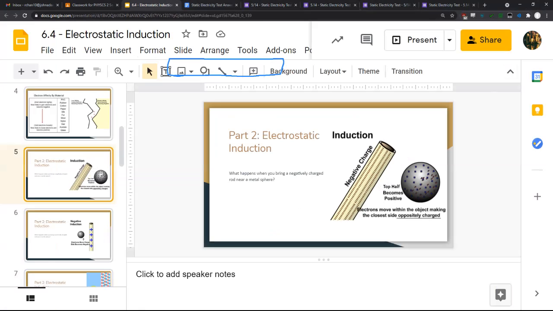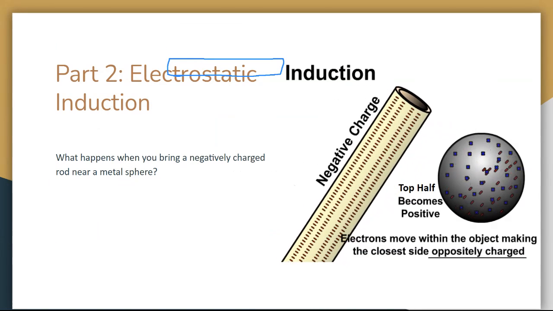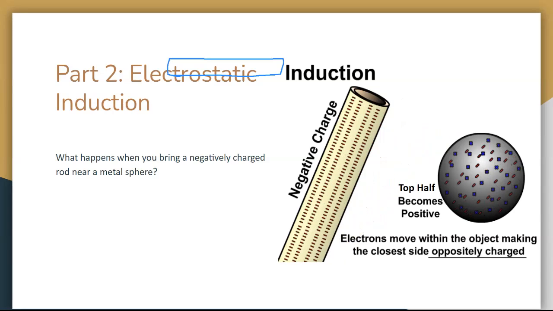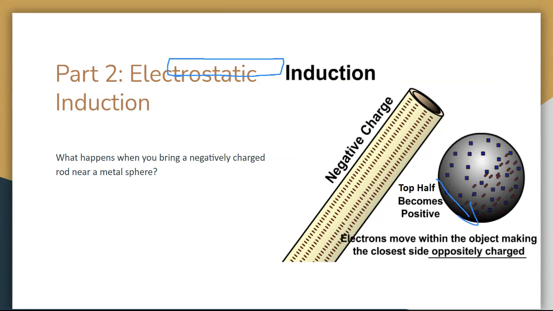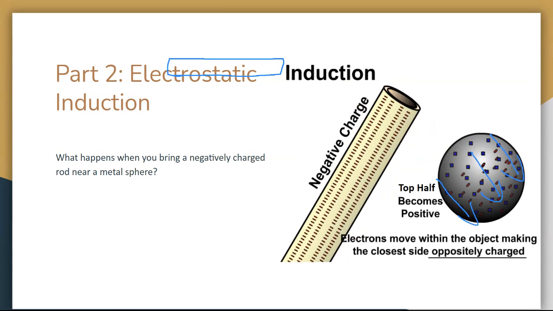Just like what's happening in this GIF right here, if you bring a negatively charged rod near a neutral object, the electrons go to the other side. They get away. The electrons are being repelled by this negatively charged rod.